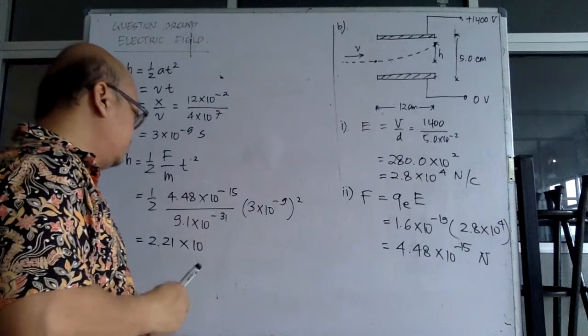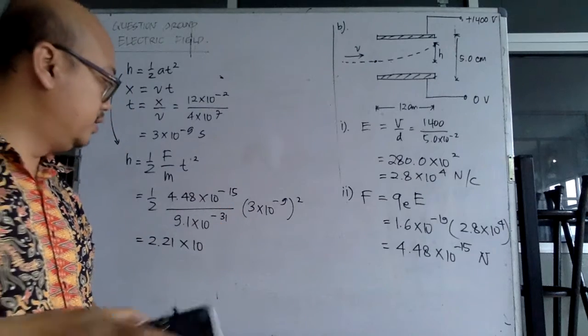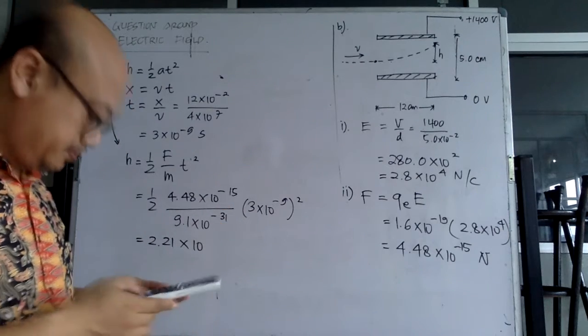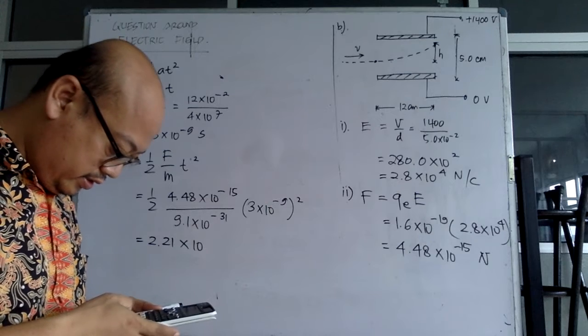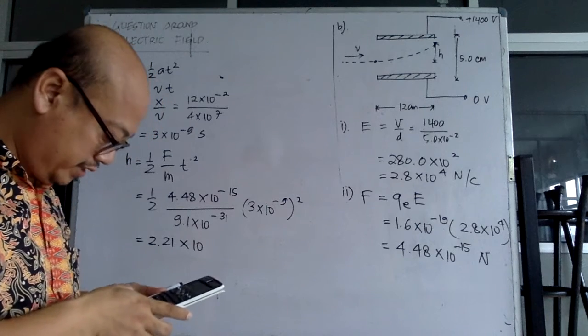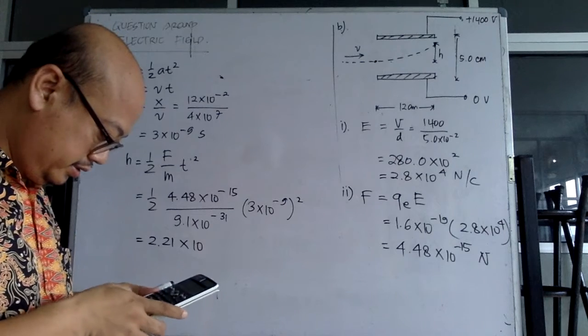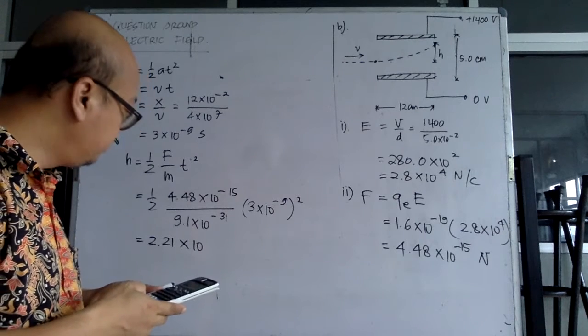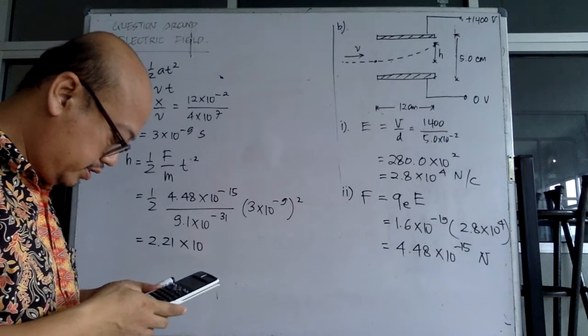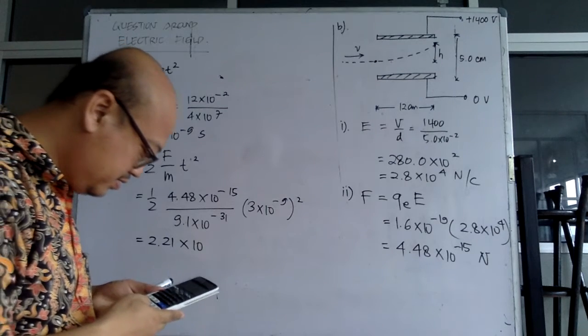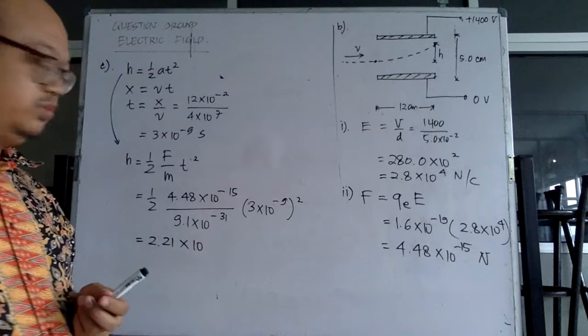We find first about the exponents: minus 15, minus 18, and plus 31. So we have minus 2.